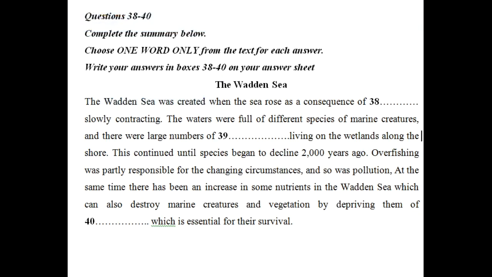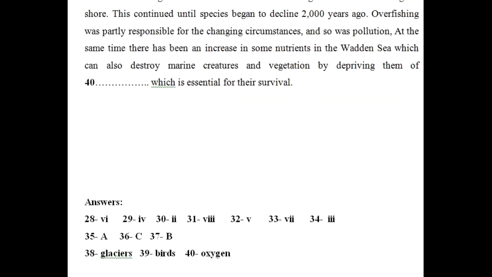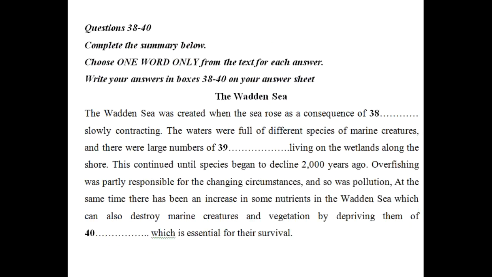To help you in this task, I have given the answers of all these questions here. So what will you do? At first, go back to the previous videos where I have discussed this summary completion part. Follow all the tips and try to answer it and check whether your answers are correct or not. If any of your answers is wrong, then go back again and see what is wrong and try to find the correct answer.